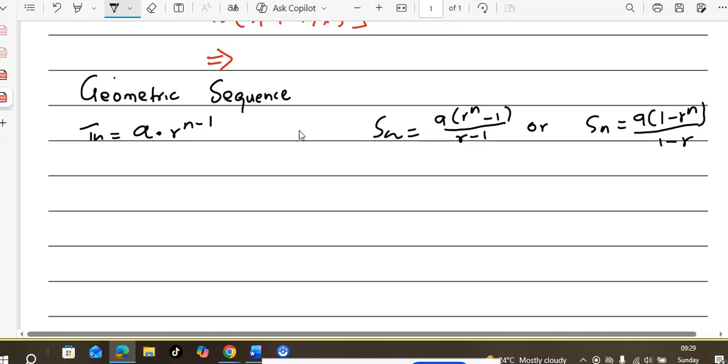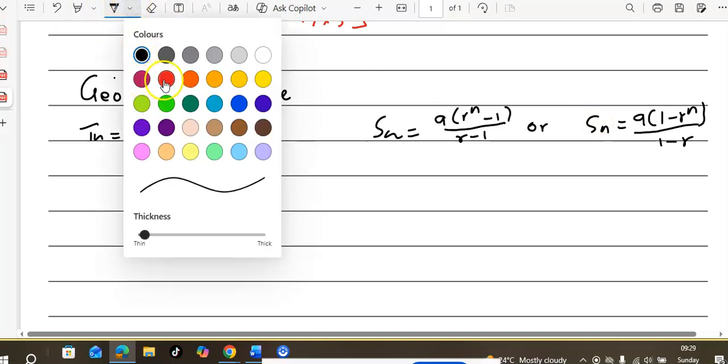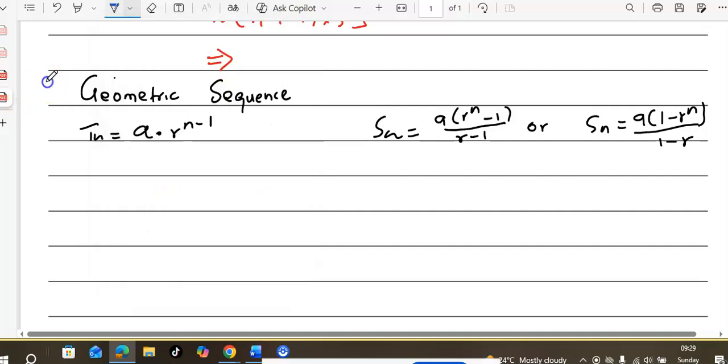So when we continue with sessions, you're going to know which formula to use, this one or the other one. We'll talk about that. So now, my focus is for us to understand how we find the value of R. Remember we said R is our what? R is our common ratio.